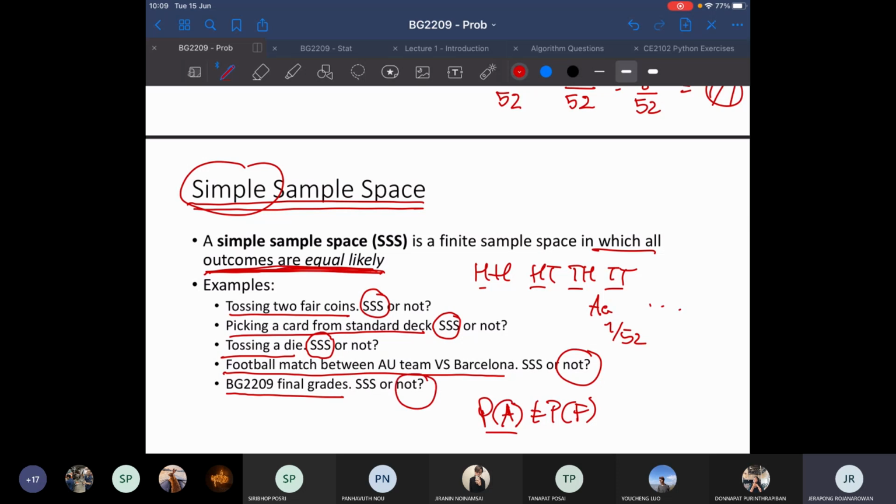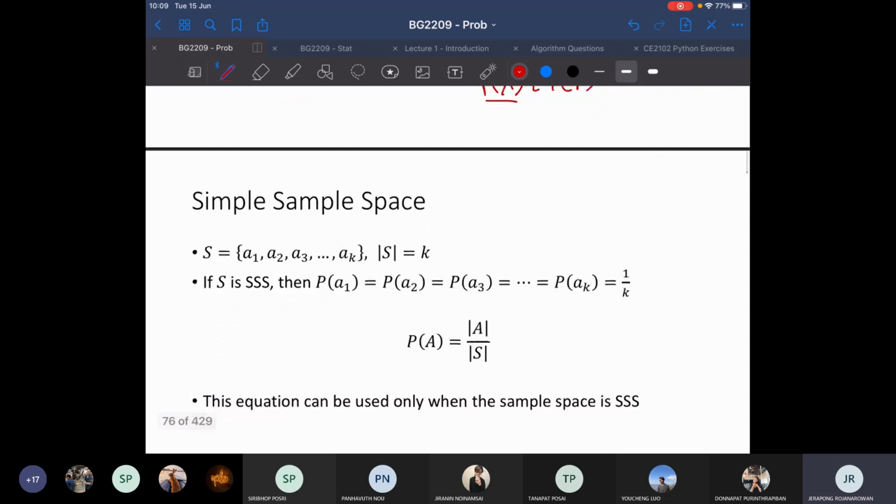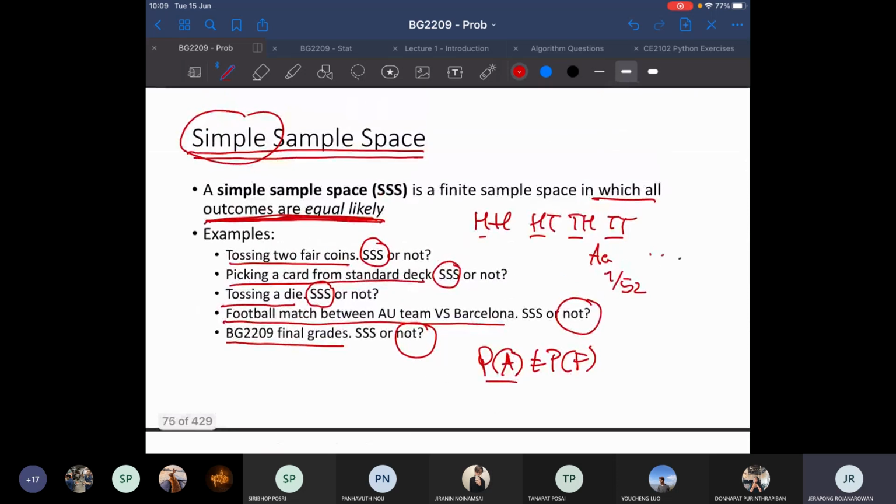So one thing about this one is, if it is a simple sample space and we have 4 outcomes, the probability of each one is going to be 1/4. If you have 52 cards, the probability of each one of them is going to be 1/52.